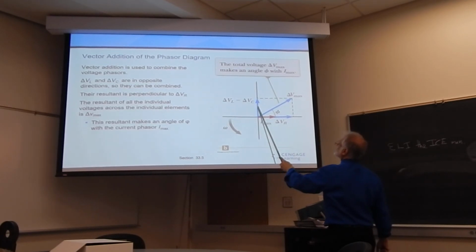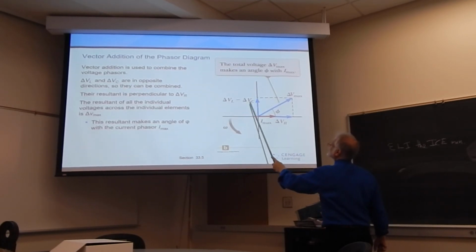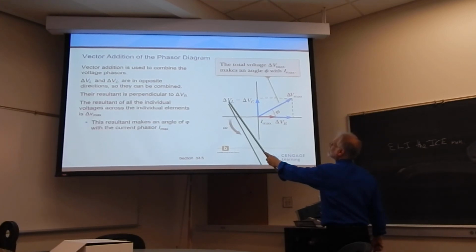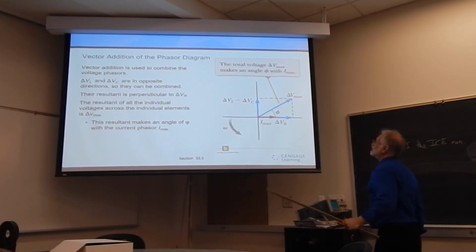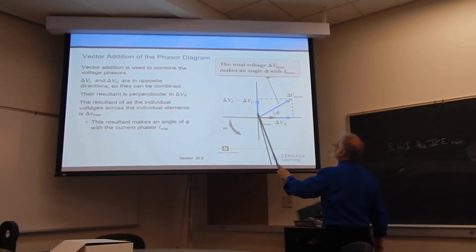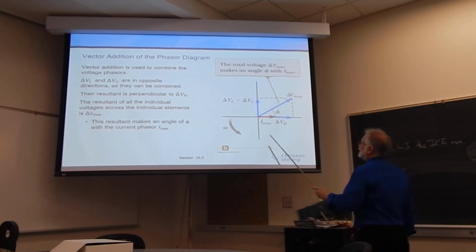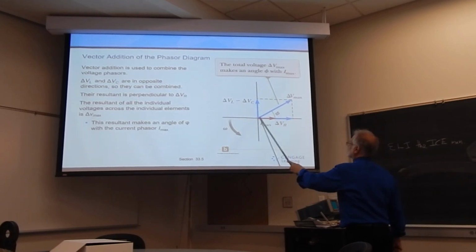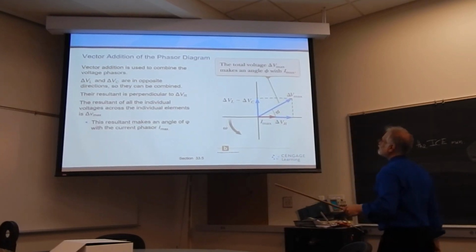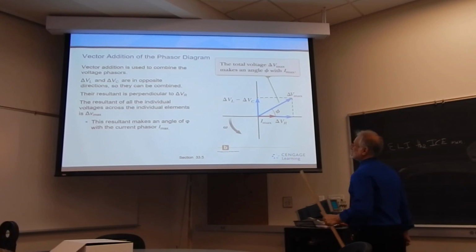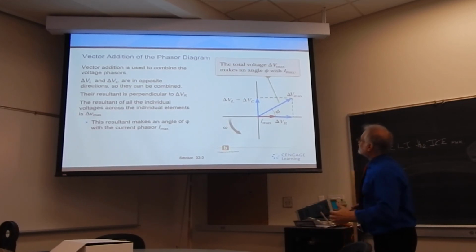In this case, the voltage across the inductor is larger than that across the capacitor, so I have a phasor that's pointing along the positive y-axis. My voltage across the resistor, of course, is always on the positive x-axis, and I do essentially what amounts to a vector addition.